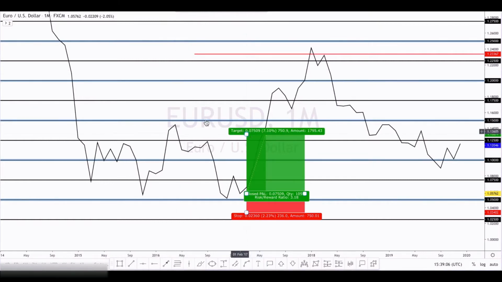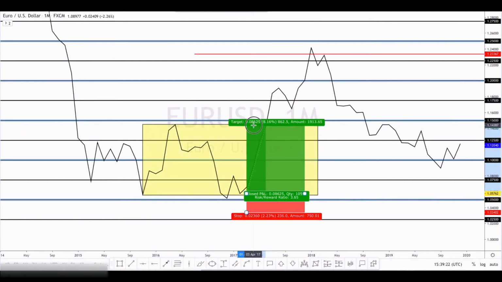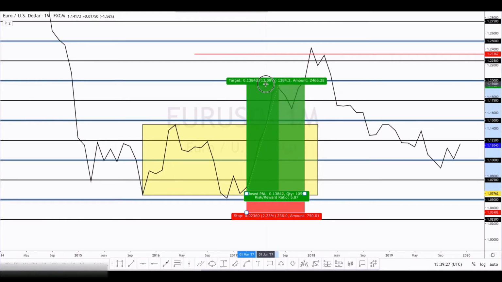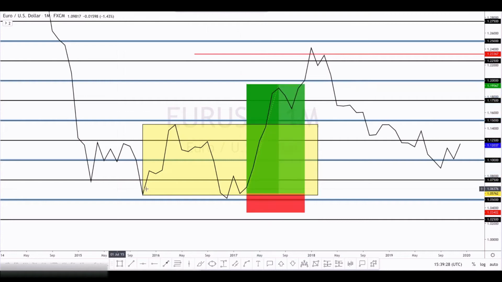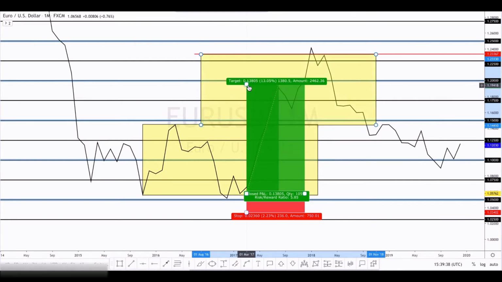Essentially, once we break out of this range environment here, we would be looking for price to break above. If we had a breakout here, we know, typically speaking, ranges expand. What I mean by that is the range is going to expand up into this range, and you can see that's almost identical to what happened.